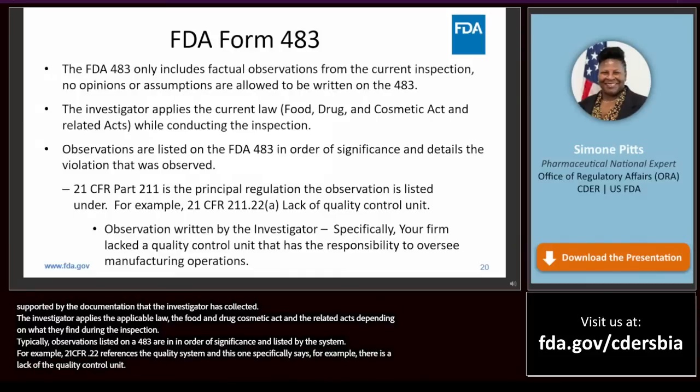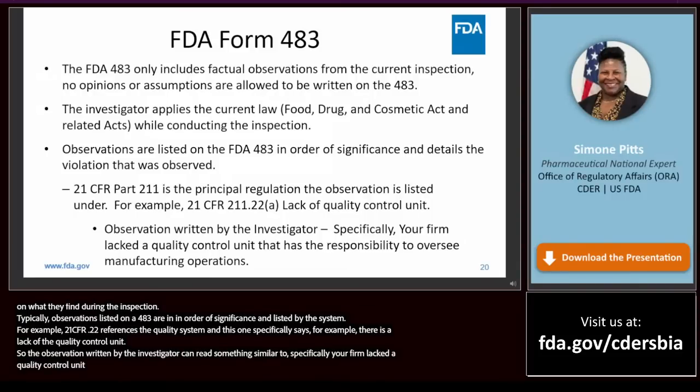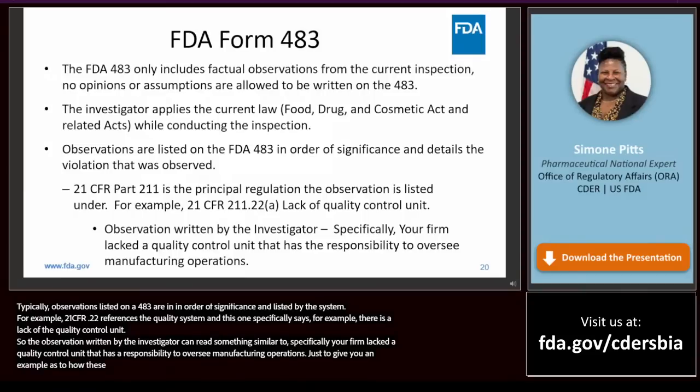So the observation written by the investigator can read something similar to, specifically, your firm lacked a quality control unit that has a responsibility to oversee manufacturing operations. Just to give you an example as to how these observations will be written and listed on the 483.